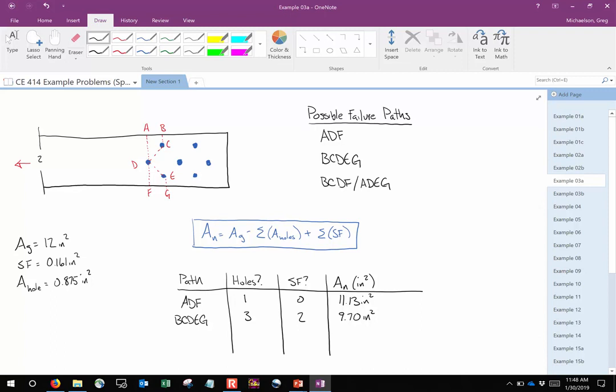Would ACDF be with that? Well, I see what you're saying with ACDF, but from a physics standpoint, path of least resistance, why would the steel fracture this way from here to here when it could just fracture from there to there?